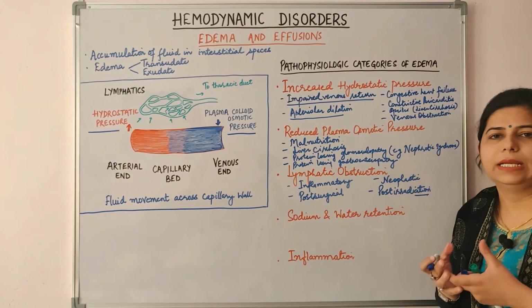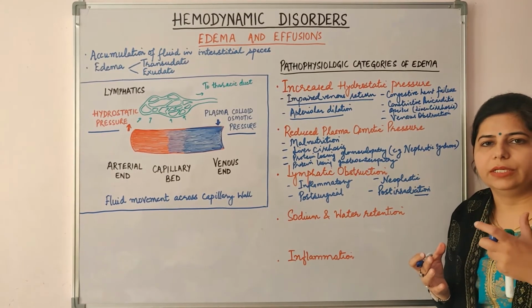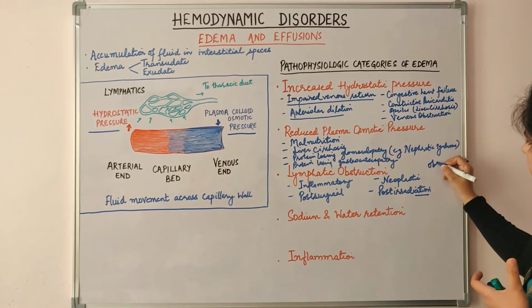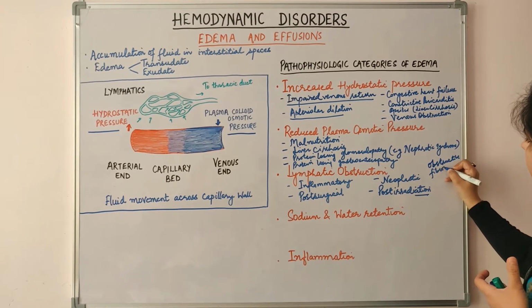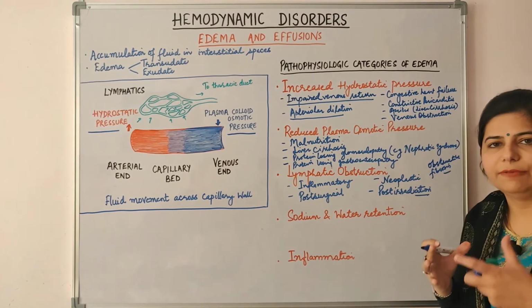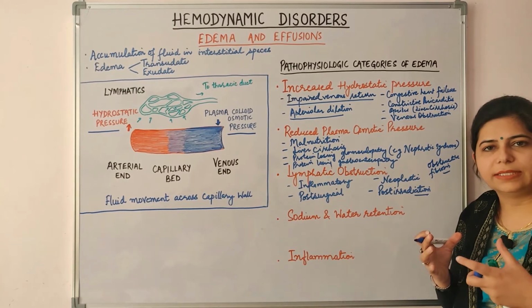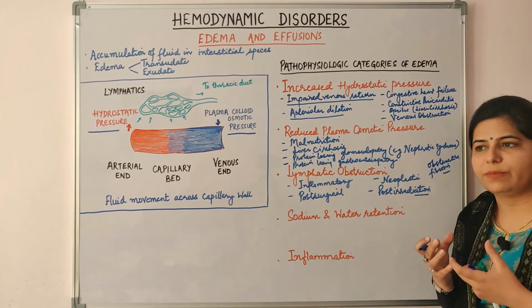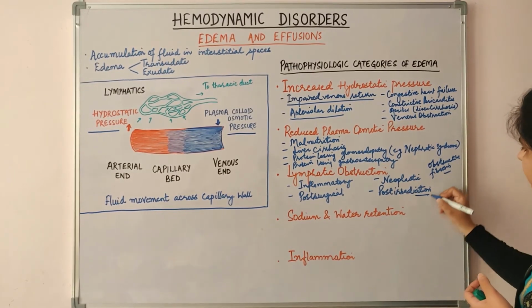For example, filariasis causes obstructive fibrosis of the lymphatic vessels and the lymph nodes, and there is edema of the external genitalia and the leg, and this edema is so massive that it is termed elephantiasis.